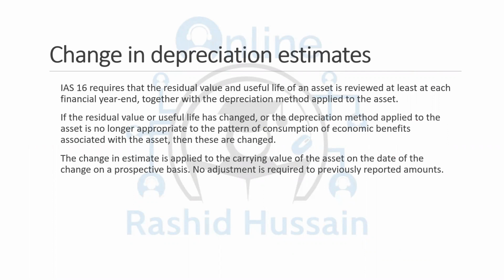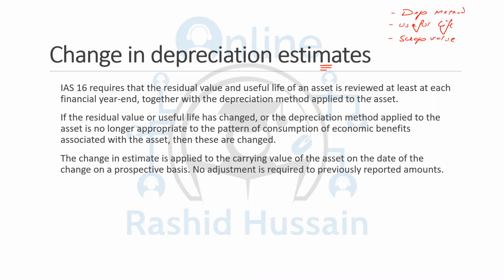Now the question is, depreciation is an accounting estimate. So depreciation method, useful life, scrap values, all of these are accounting estimates. So when it is an estimate, are we able to change it in the subsequent years?